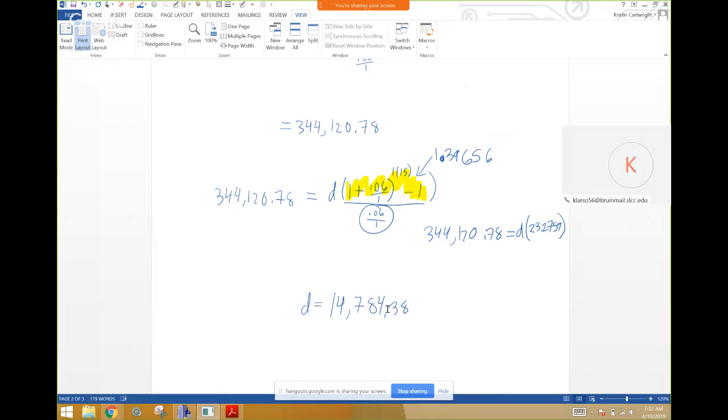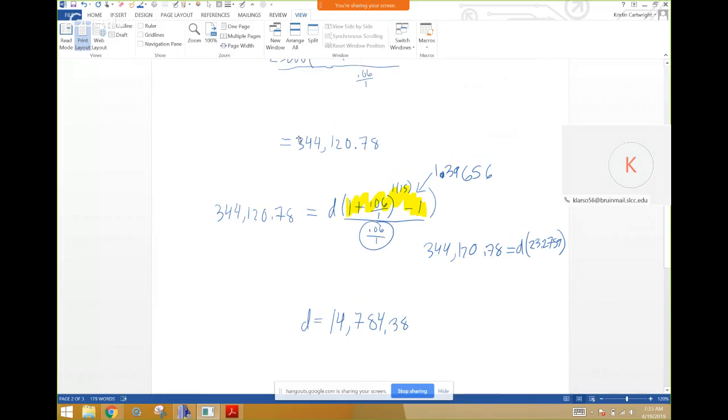And again, it's kind of cool to reflect on this. So you're putting that much in every year for 15 years. So if you take that 14,784 and times it with 15 years, you yourself have only put in about 221,765. That's the amount you've put in, but it turned into 344,000 by the day you retired.